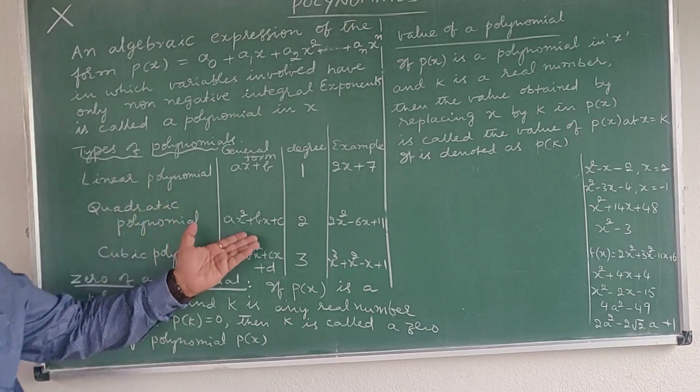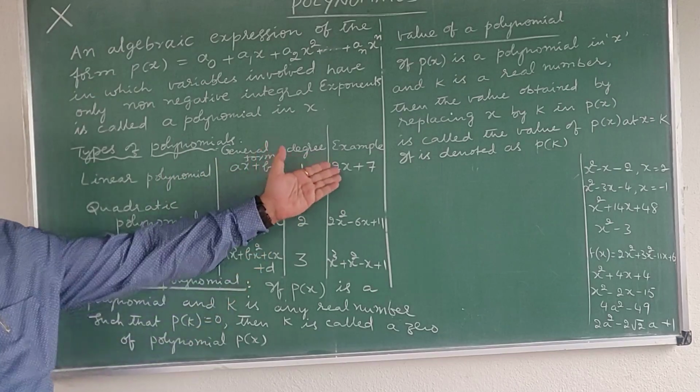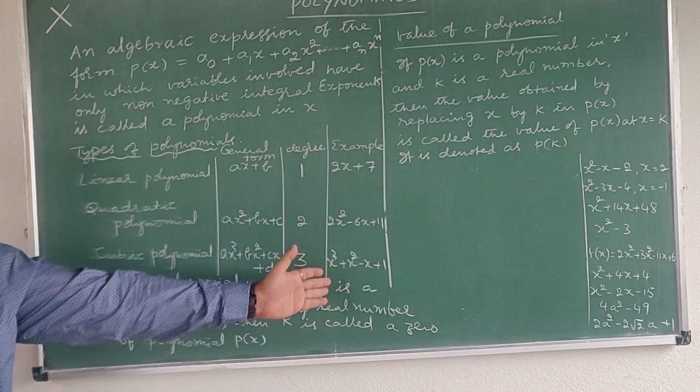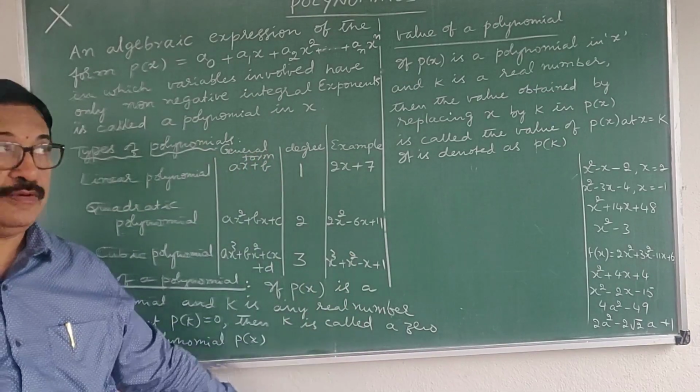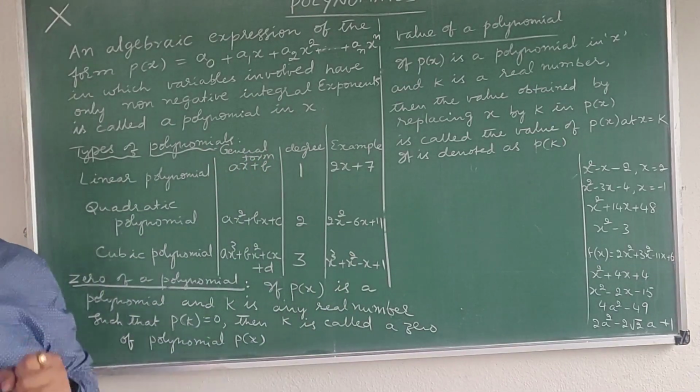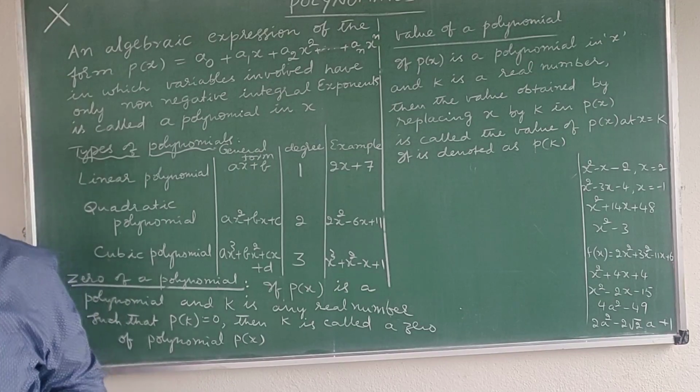So these are all the types of polynomials and their general forms, and the degree, as you have understood, is the highest power of the variable. Now what do you understand by the term value of a polynomial?